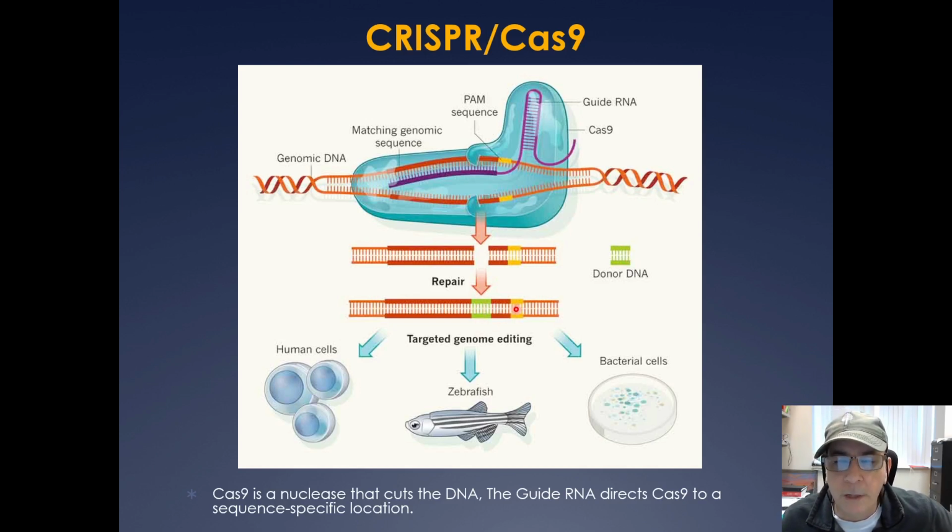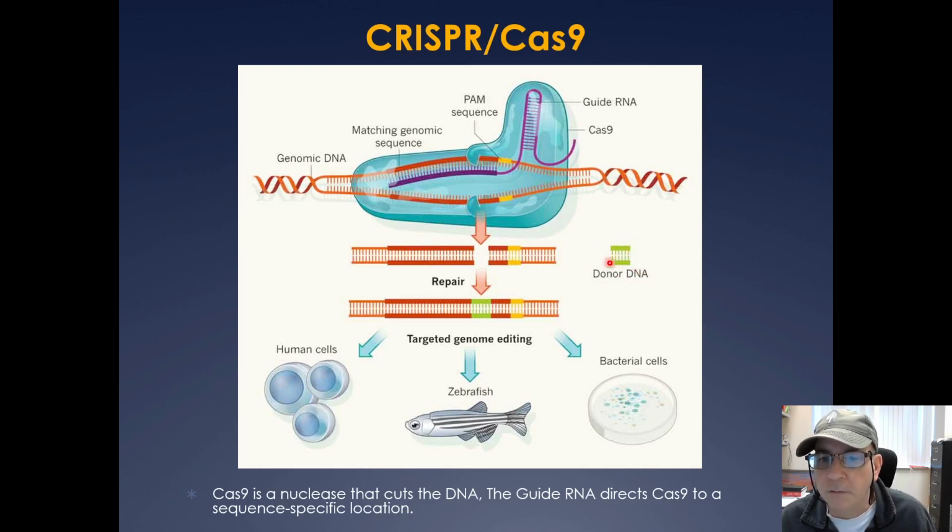Now, one of the important things about knowing homologous recombination and non-homologous end joining is that currently non-homologous end joining is the preferred mechanism of repair for this, so it would just leave behind another mutation.